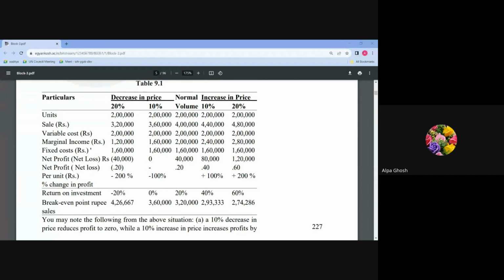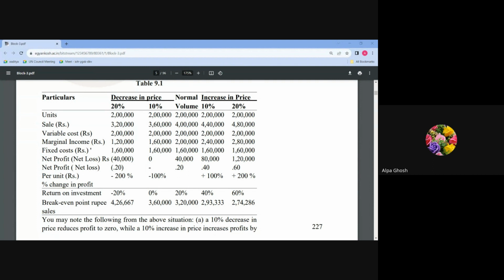This is your marginal income. In this marginal income, you are going to add fixed cost. So marginal income minus fixed cost is your profit.